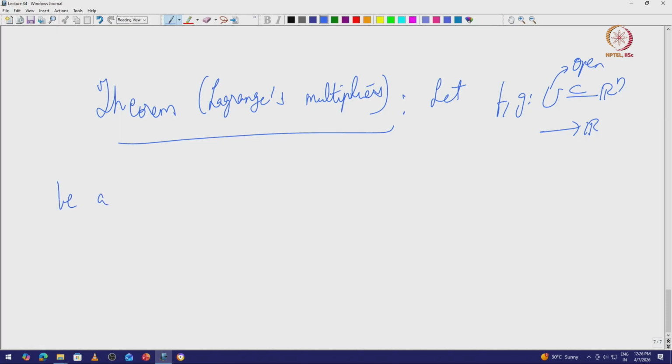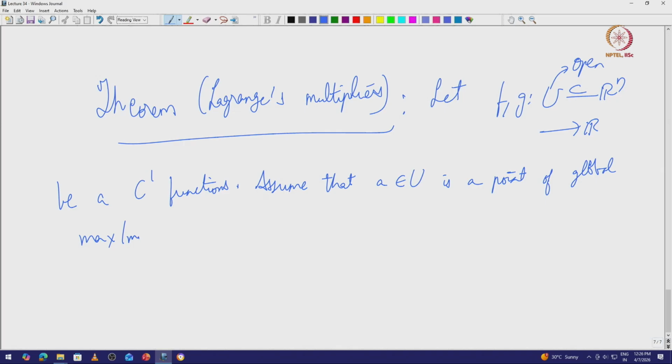Why is it crucial that it be an open subset? Because we have defined differentiability for open subsets, right? Assume that A is a point in U, and it is a point of global max or min subject to g equals 0.